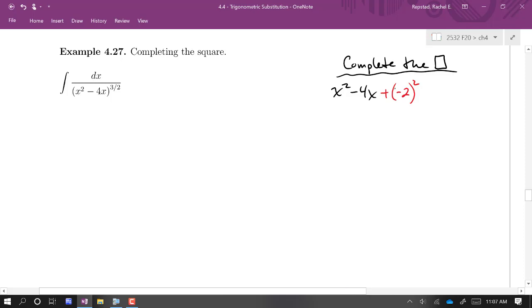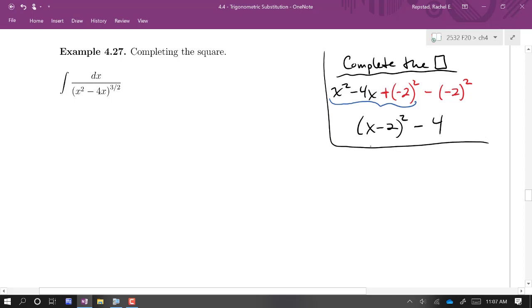I can't just add that without compensating, so I have to subtract it off as well. And then those first three terms, that's a perfect square. That's x minus 2 squared minus, and then negative 2 squared is 4.